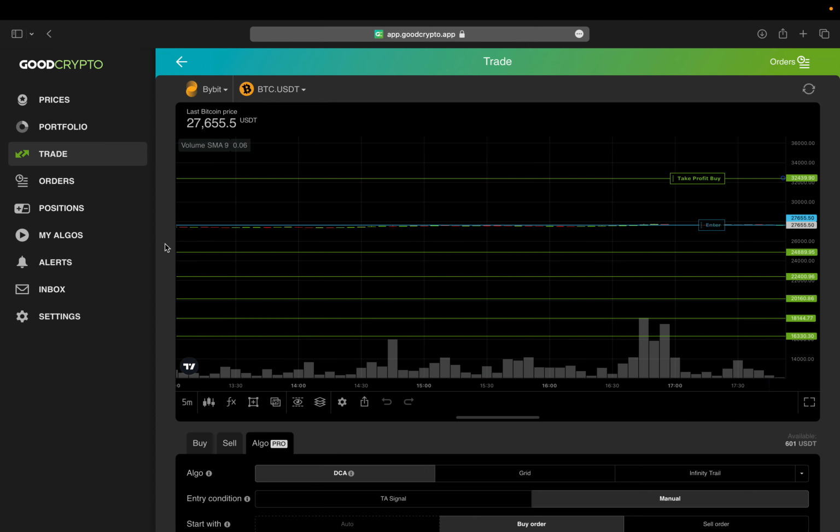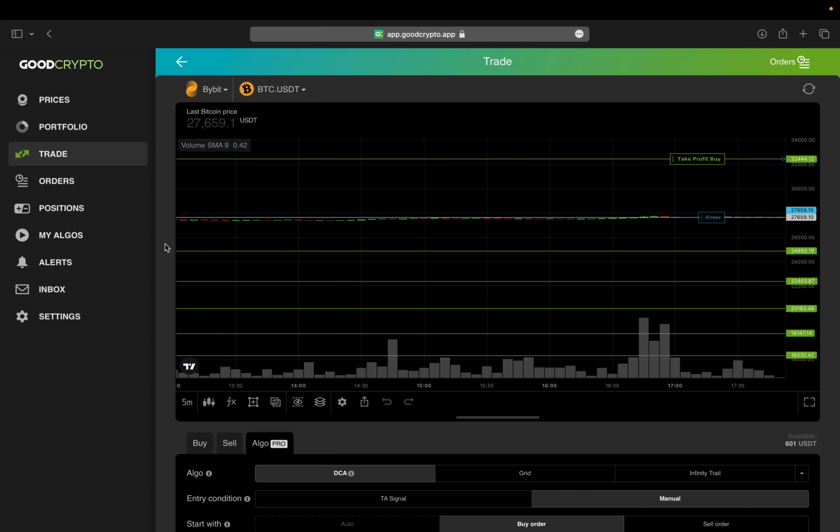That's one. Second, you can use it as multiple take profits if you have some asset on hand and you want to sell it at several levels. And the third, you can use it to establish a position at better prices, averaging down, so buying more as the price goes down.